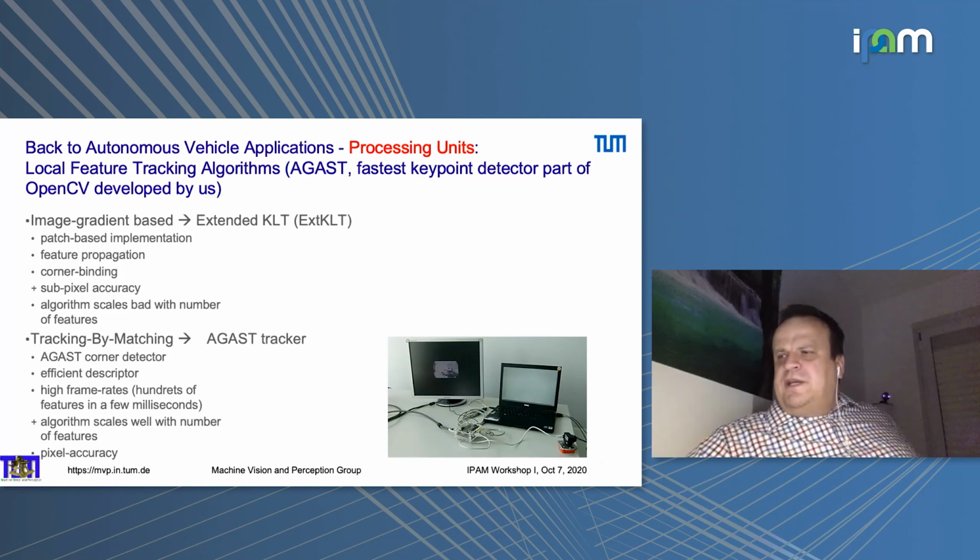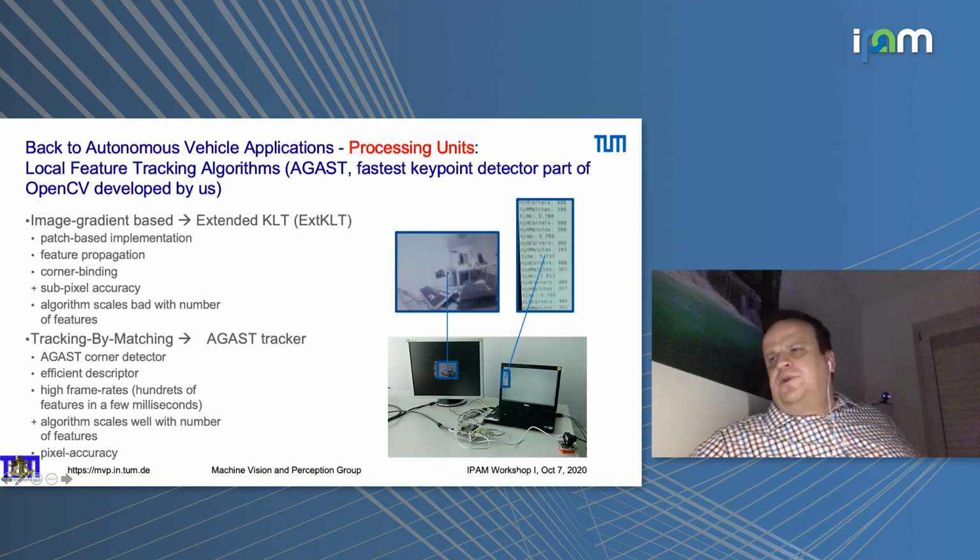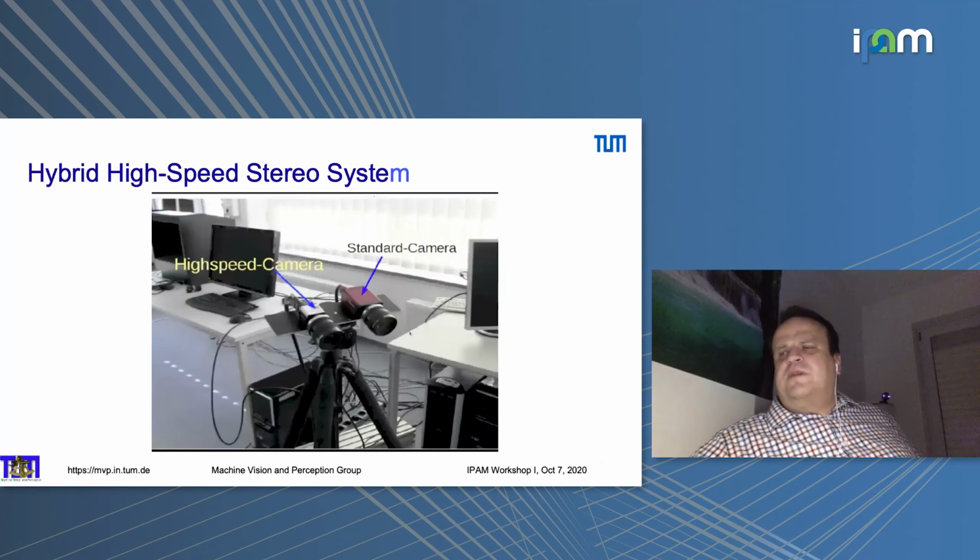We built back then a key point detector, a feature detector, which is capable of running 100 hertz on this CPU. This CPU is 10 times slower than your desktop computer, and it was still capable of running 100 hertz. This is the AGAST feature detector, which is now part of OpenCV and used in many detectors. So this is something we developed to have something fast.